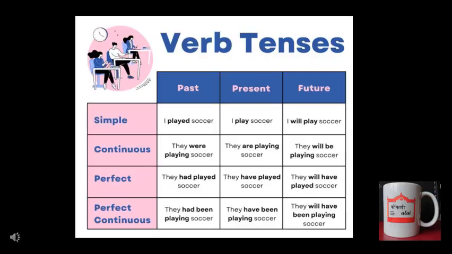So here is a simplified chart of three tenses and their four forms. Present tense: present simple, present continuous, present perfect, present perfect continuous. Future: future simple, future continuous, future perfect, and future perfect continuous. In the past: past simple, past continuous, past perfect, and past perfect continuous.